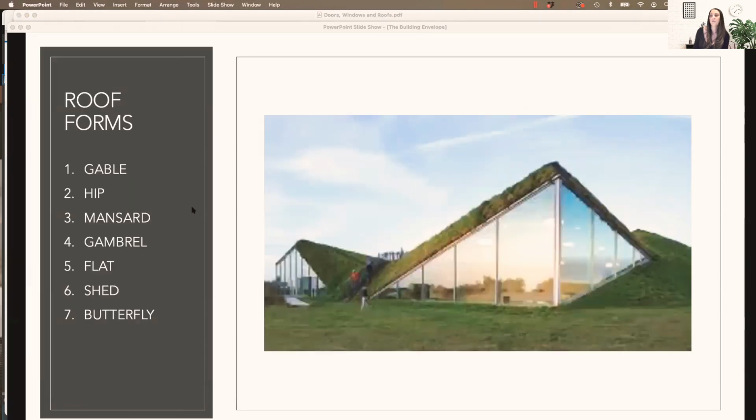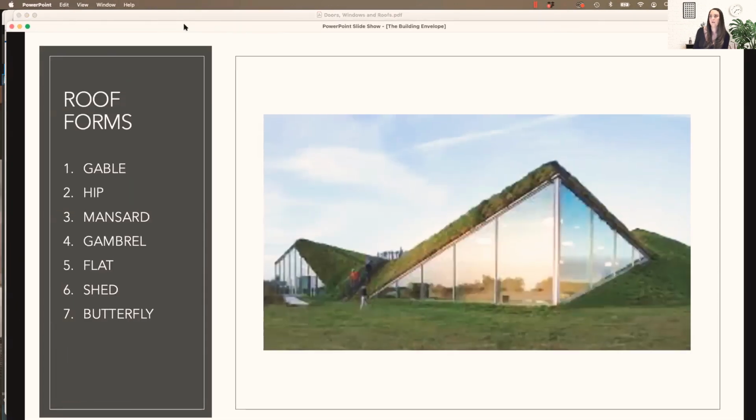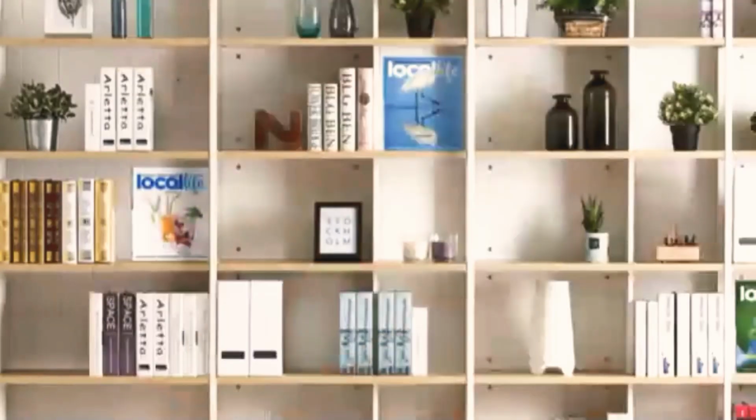And then last but not least, the butterfly roof. So who's the butterfly roof? That's Grace and I. Okay, which one of you would like to share? I can, I don't need to share, but I'll just switch my camera so I can show you the pictures because it's on my computer. Oh, okay.